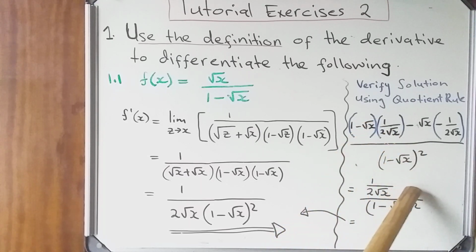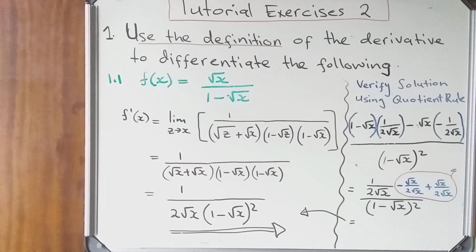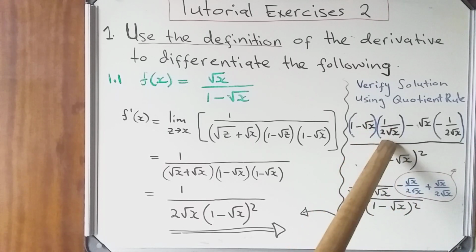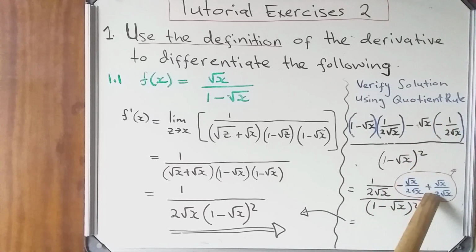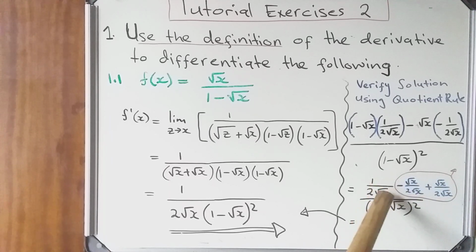If you multiply that by that, you get a negative, and negative times negative gives you positive. If you add in the 2, it will give you 0. So minus 1 over 2 root x plus 0 is just 1 over 2 root x over that. So it will simply give you the final answer.